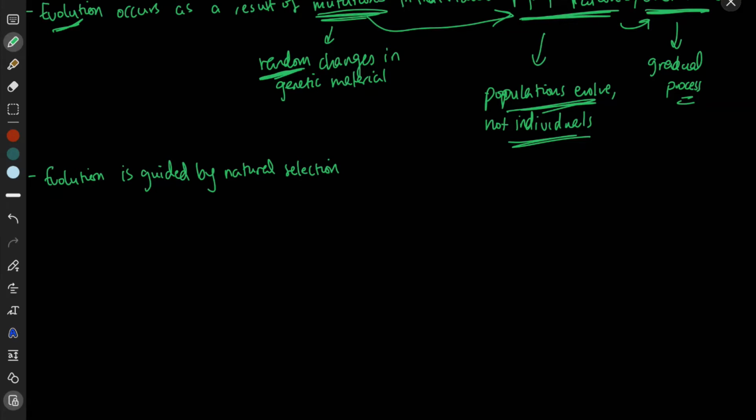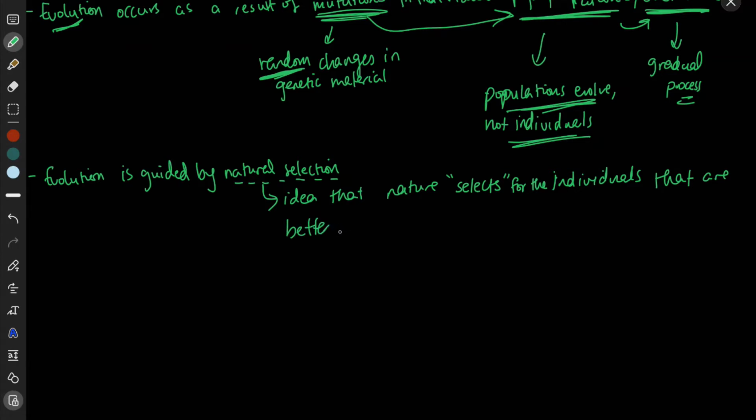And the reason for this is that natural selection is the idea that nature selects for individuals better suited for a given environment over those that are not.